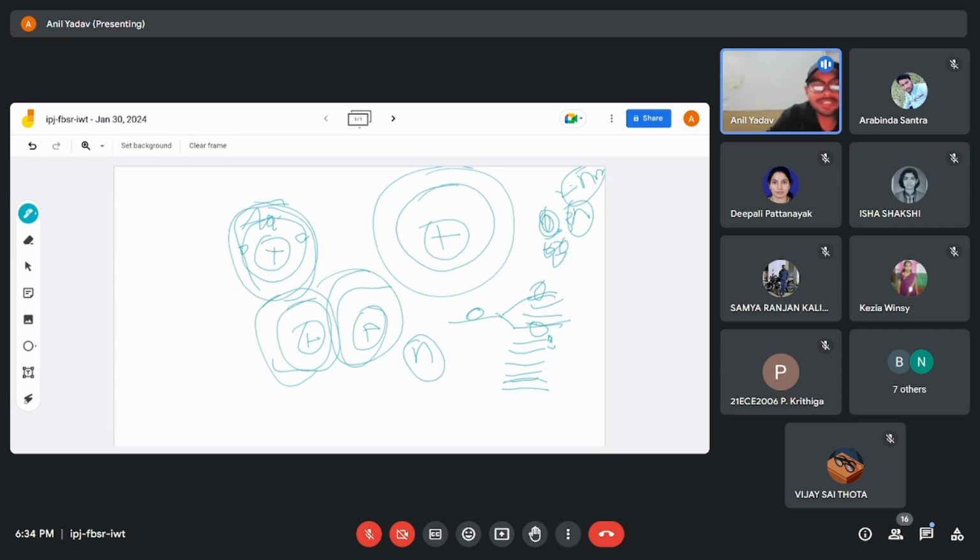So the levels will split into 10 energy levels, and there will be a transition of the electron from one level to another.